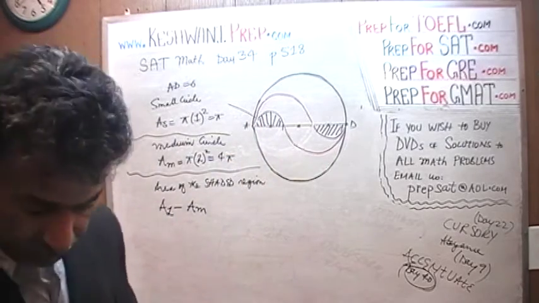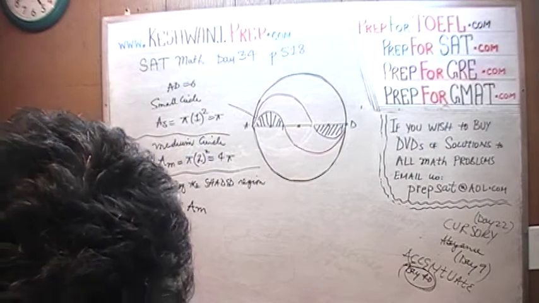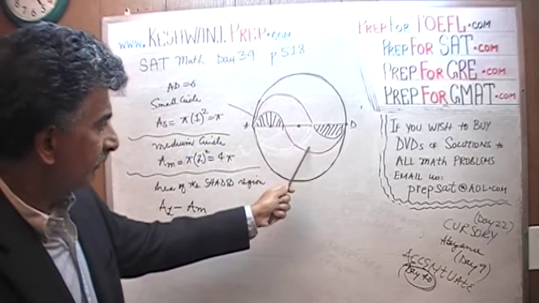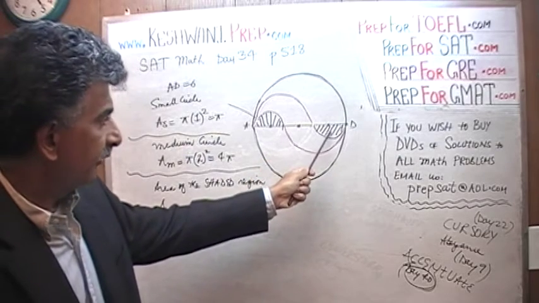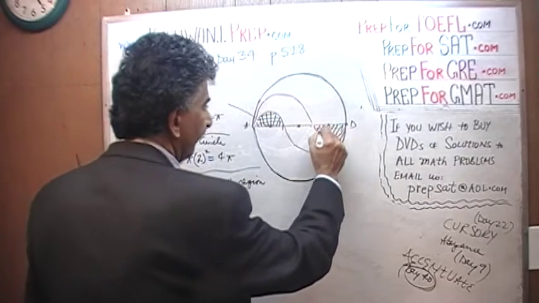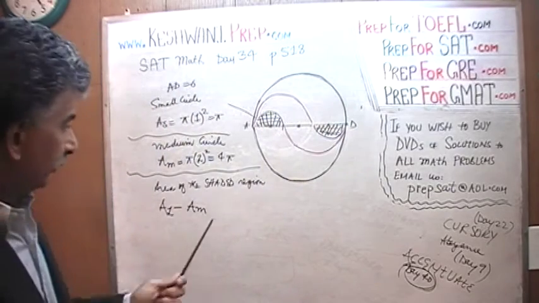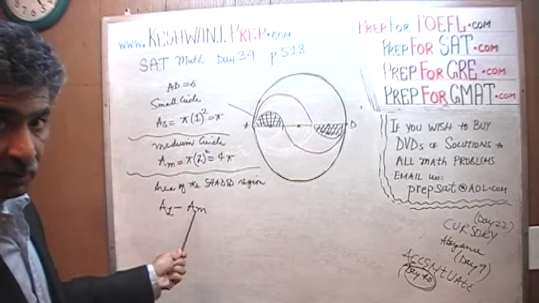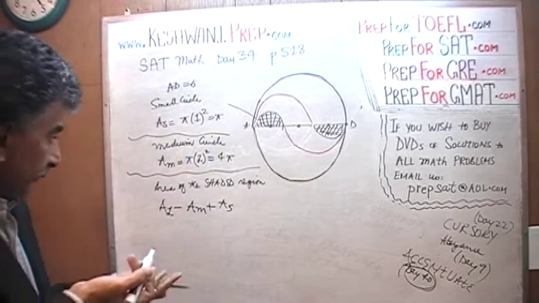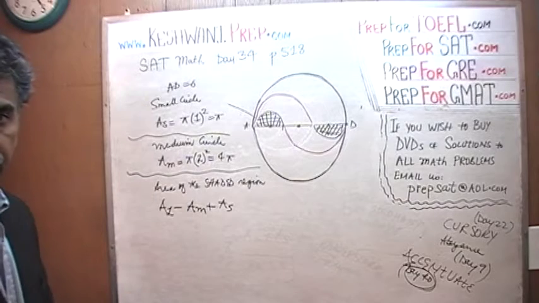But if we take out the entire medium-sized circle, the top half and the bottom half of the medium-sized circle, we're taking out this part and that part. We do not want to take out this part. This part, this and this are part of the shaded region. So we subtract the area of the medium-sized circle and then we add back the area of the small circle. That's it, we're done. That's the area of the shaded region.